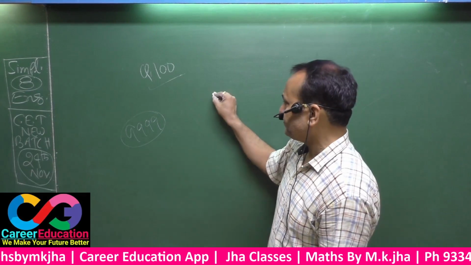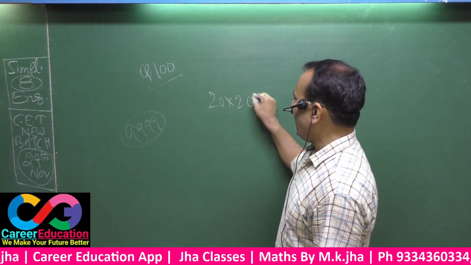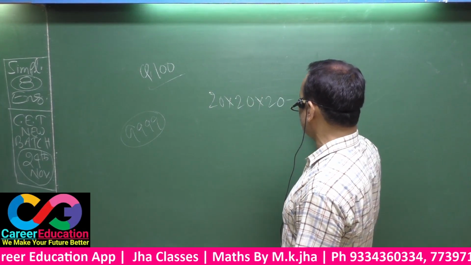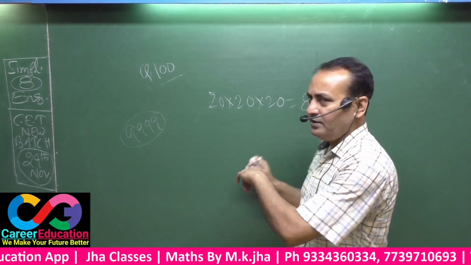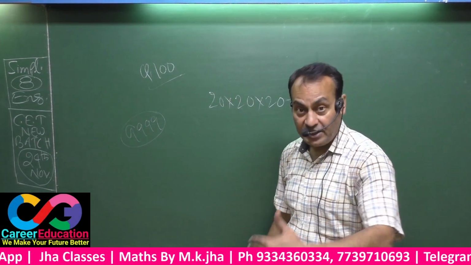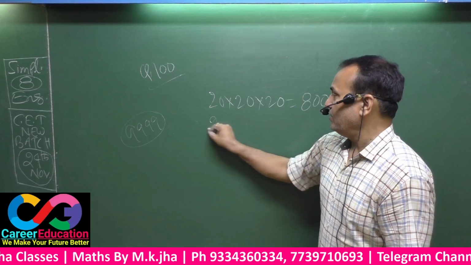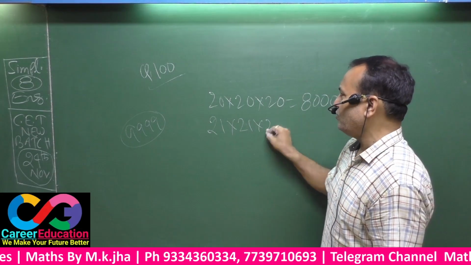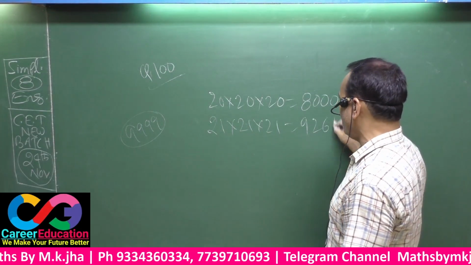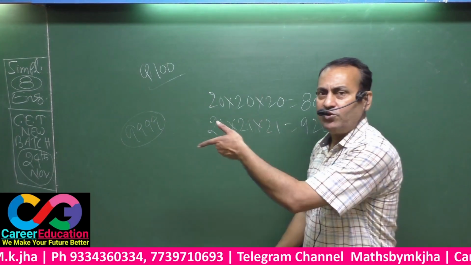That means here if you write 20 into 20 into 20, this is only 8,000, closer to this one, but not nearest to this one. Again 21 into 21 into 21, this is 9261. You are very close to this one.